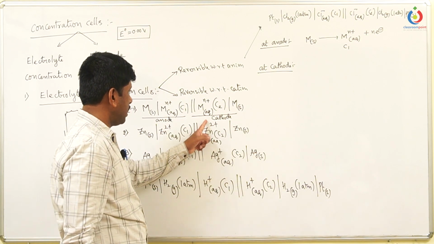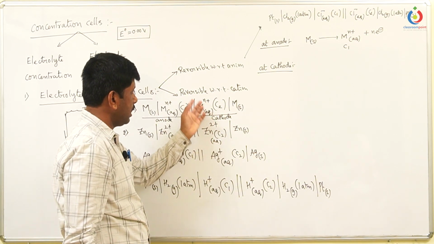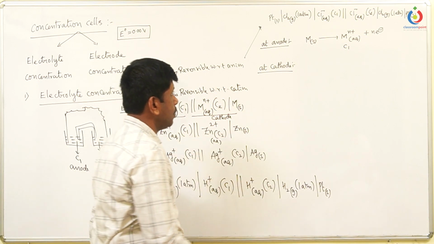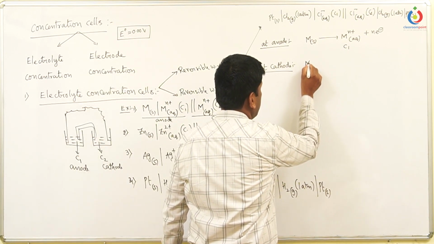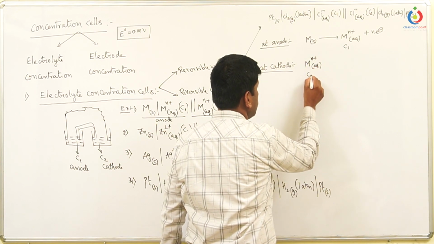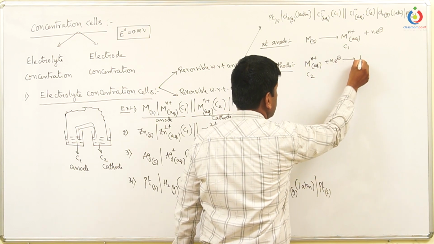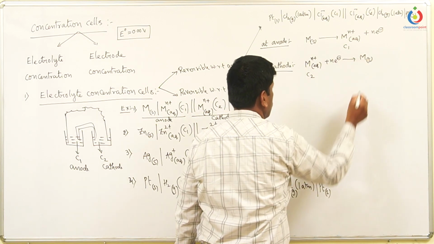Cathode means this particular part. So in this area, how does the reaction take place? M^n+ ion is depositing as metal. So here I can take the metal ion in the aqueous state having C2 concentration, gaining n number of electrons, changing to the metal and depositing as solid.